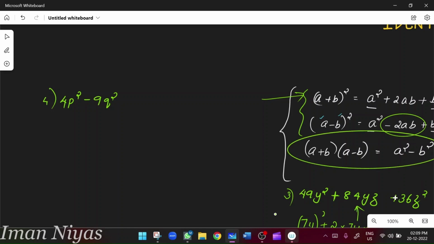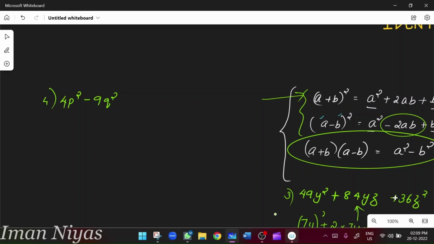And how can we understand which identity we have to choose over here? As I told, in the first two identities, you can see three terms are there. The first and the last, we can write in the form of a square, right? Second point. Third point is you have to check the middle term or the second term, whether you can write it in the form of plus 2ab or minus 2ab. Okay, you can arrive at the answer.